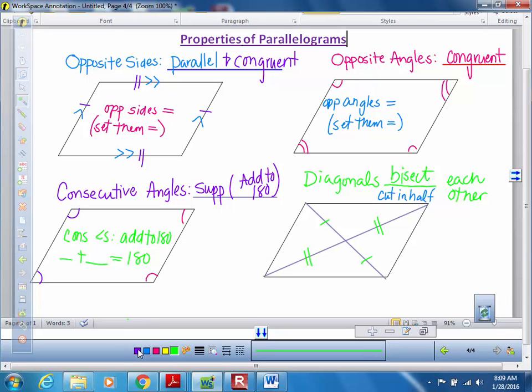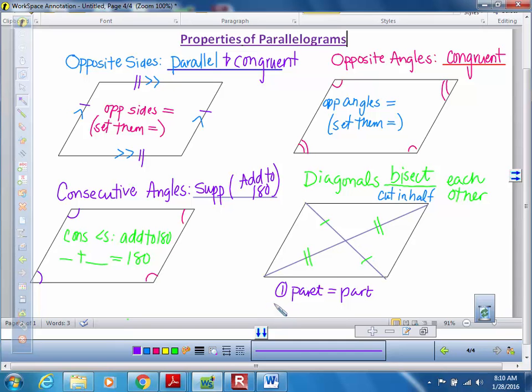And then lastly, when dealing with diagonals, since the diagonals bisect each other, that means that two things are true. First, part will equal part on one of the diagonals, so this part would equal this part, or this part would equal this part.